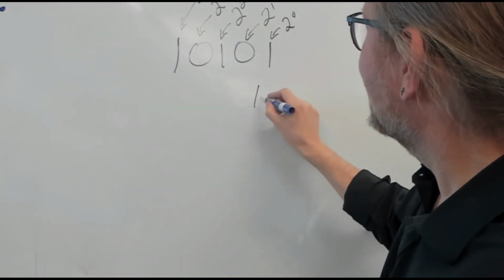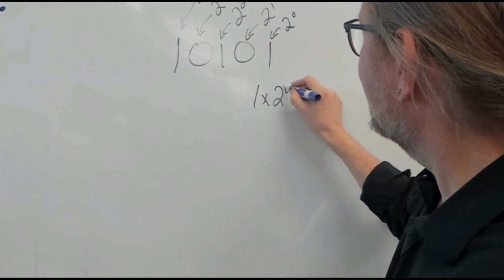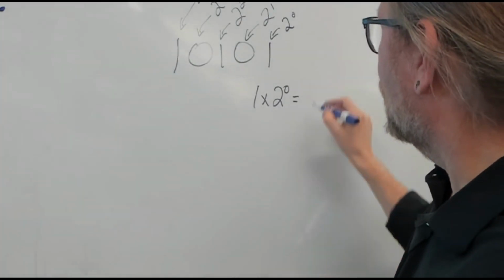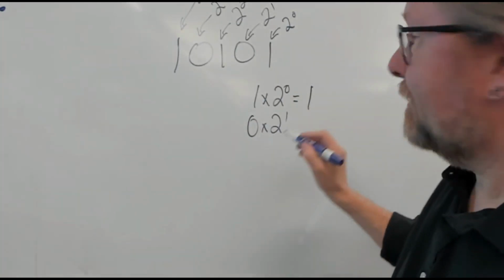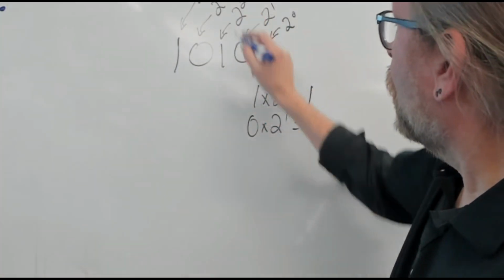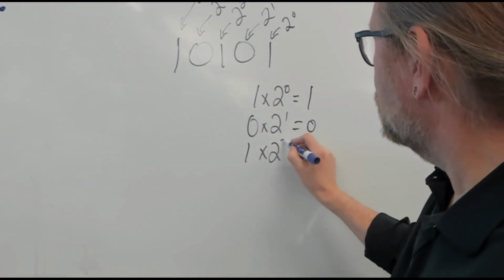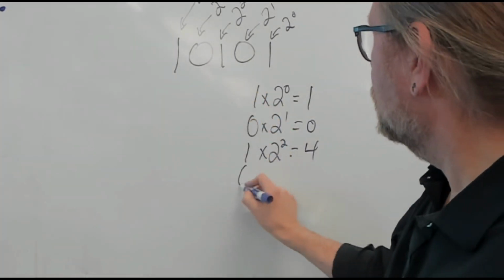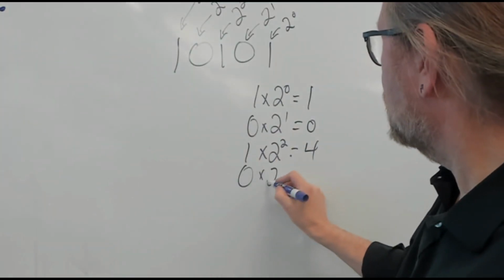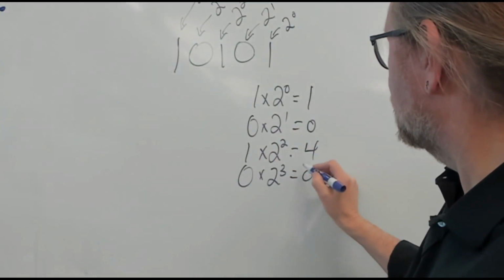That's 1 times 2 to the 0, that's 1. 0 times 2 to the 1, that's 0. 1 times 2 to the 2, that's 1 times 4, that's 4. 0 times 2 to the 3, that's 0.